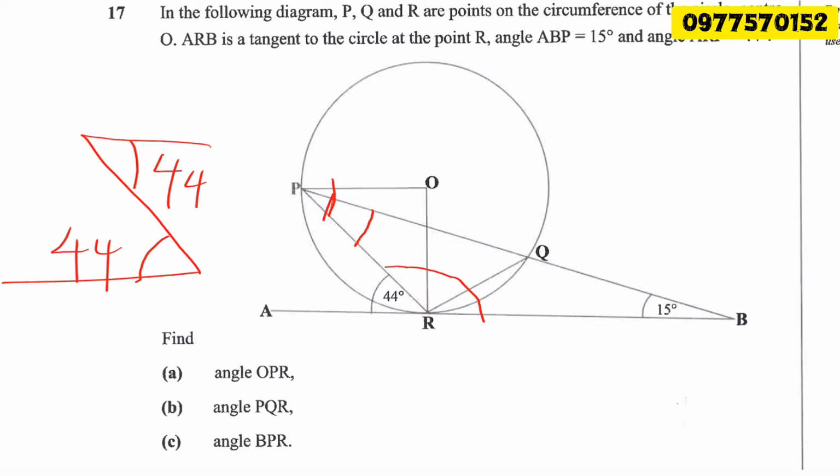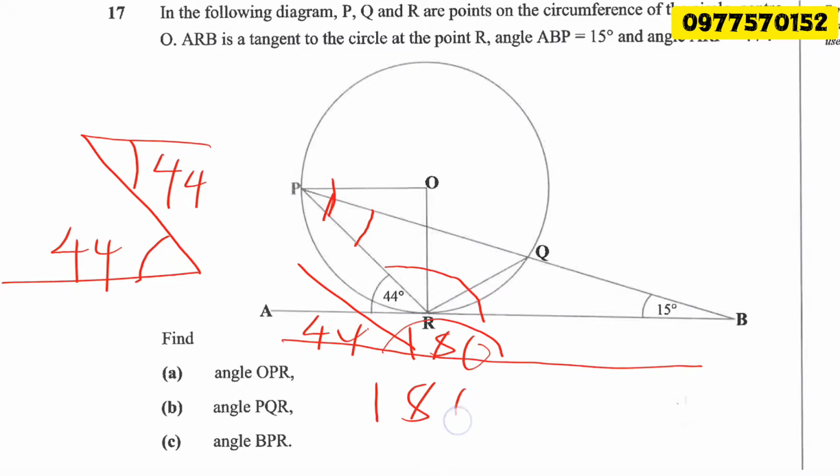Now, this is the straight line here, and a straight line is 180. And we've been given 44 already. So what is remaining? We can say 180 minus 44, which is 136. So here is 136.